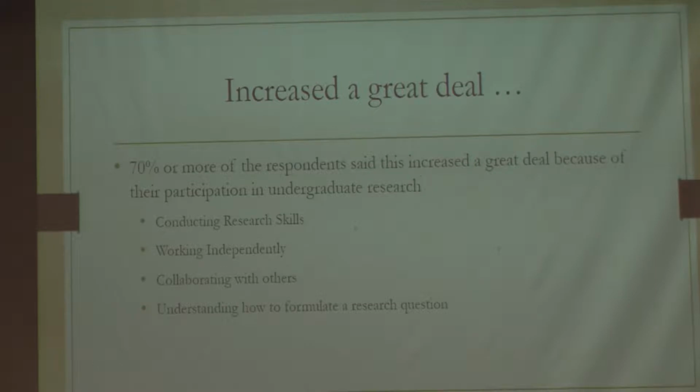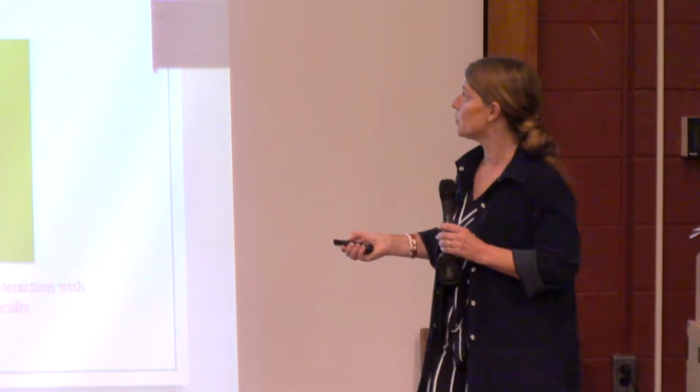If you participate in undergraduate research, these kinds of skills will improve. But equally as important was the ability to work independently as well as to collaborate with others. These are the kinds of skills that businesses are looking for, and it helps make sense why undergraduate research increases future opportunities for students.